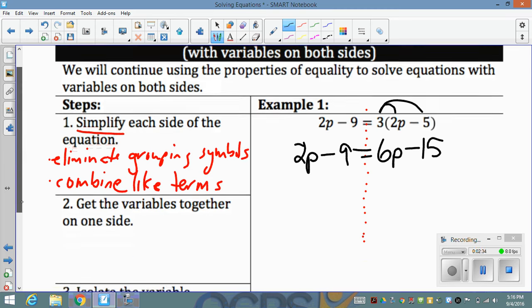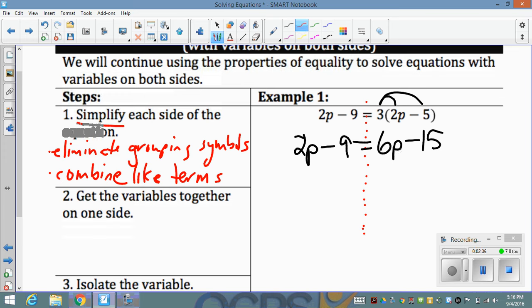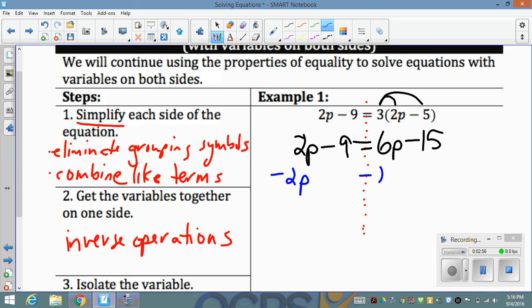The next thing that we need to do is to get our variables together. So remember, we're going to use our inverse operations here. If I'm crossing the equal sign, I've got to do the opposite. So I have 2p and 6p. I want to get them together. There are multiple ways that we could do this, but the best way is probably to subtract our 2p.